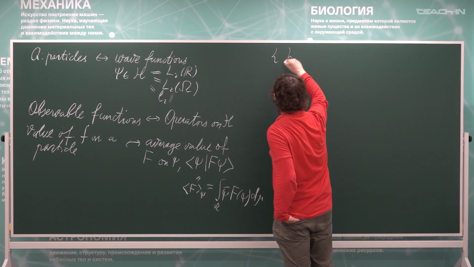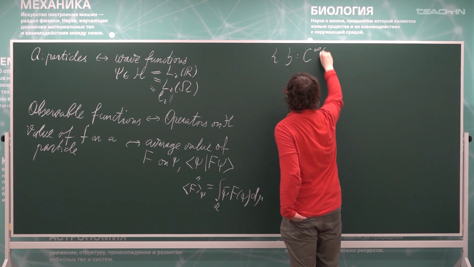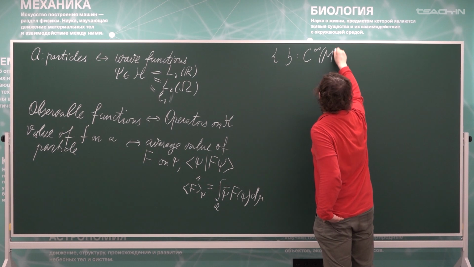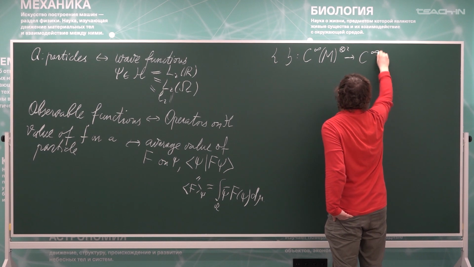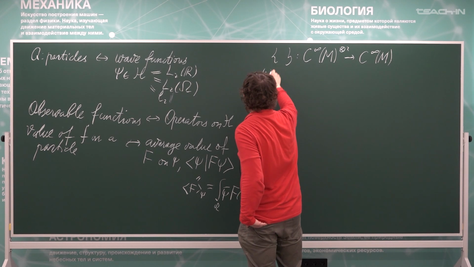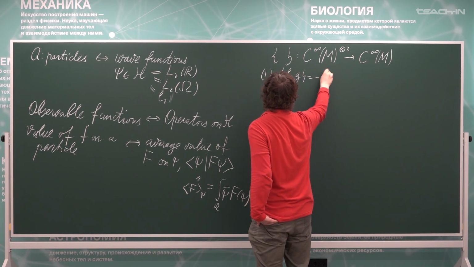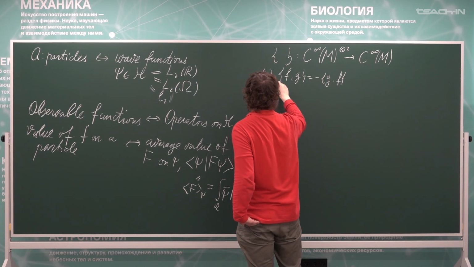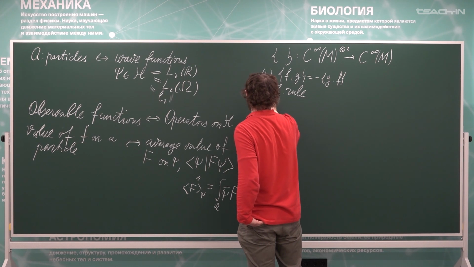So in classical case, in Hamilton case, we have Poisson bracket as the operation which takes two observable functions and sends them to another observable function. It had three properties. First, it should be skew-symmetric. It should verify Leibniz rule and should verify the Jacobi identity.